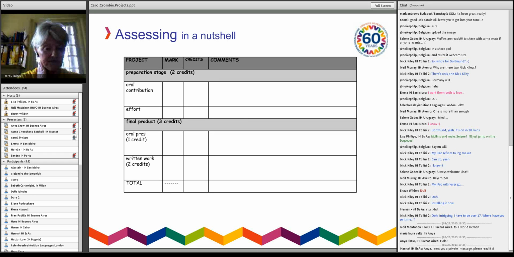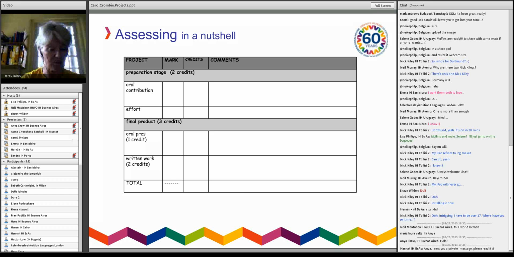So originally they were given marks for their oral contribution and the effort that they put in the preparation stage, which would get them 2 credits out of a possible 5. And then in the presentation stage, they would pick up a credit for their actual oral presentation and a further 2 for their written work.